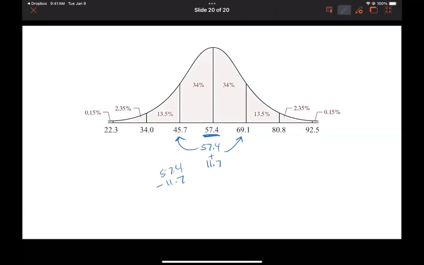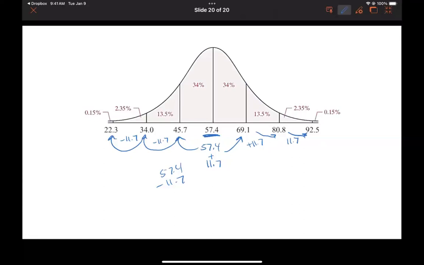Then I did it again. I added another 11.7 and I got this. I added another 11.7 and I got that. Then I keep subtracting on the other side. That gives me each of those increments. So you just keep adding the standard deviation and keep subtracting it so you can get each of those pieces.